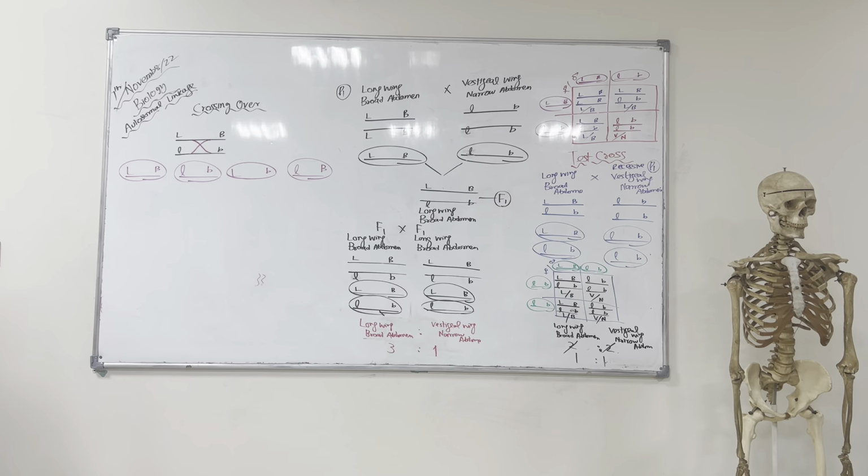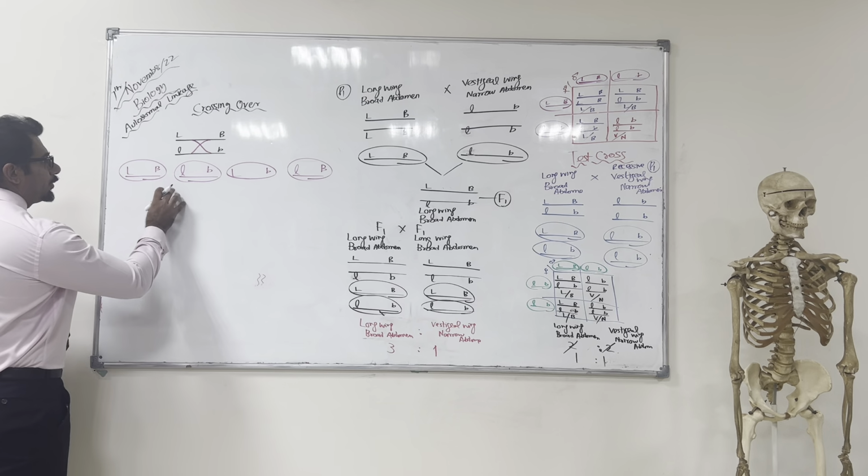Understood everyone? Now, let's suppose there is a cross of this with a homozygous recessive parent. Let me draw the homozygous recessive parent.